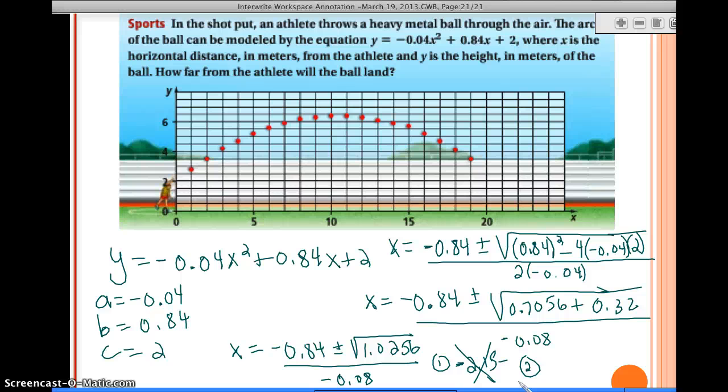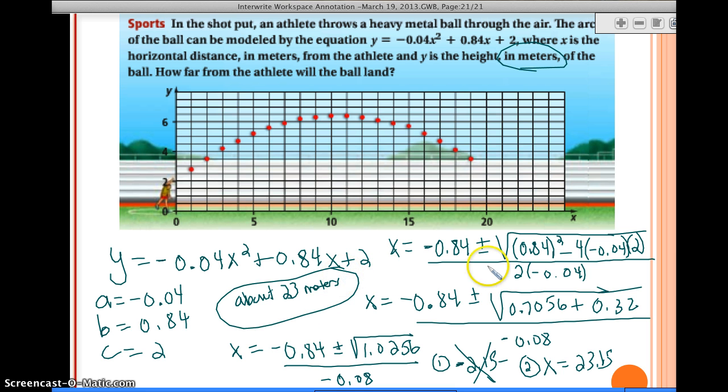Divide that by negative 0.08. Comes out to a positive 23.15. They want us to, in meters, I'm just going to assume we're going to round it off, so it's going to be about 23 meters. And that's how far the ball's going to land before it hits back to the ground. Okay, there it is.